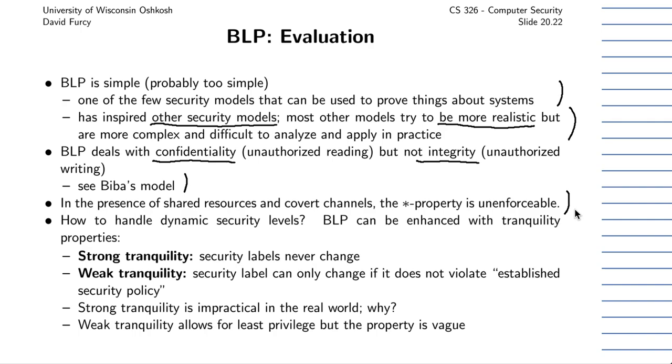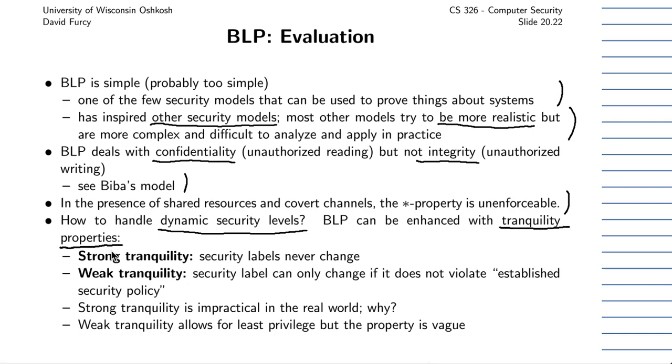So one more issue with the BLP model that I want to mention is the idea of dynamic security models. The BLP model, as we stated, cannot handle dynamic changes to the security level, but there have been extensions of it that have what we call tranquility properties.